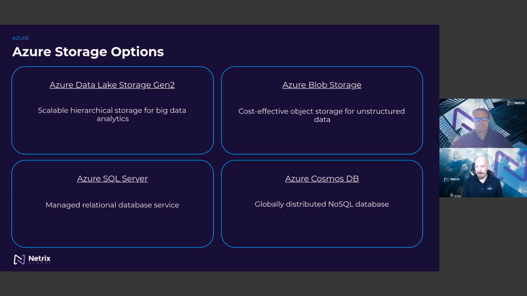Now, for those that maybe need a little bit larger scale, or you want to get away from SQL, or you want to go to more document-based record sets, then we have solutions like Azure Cosmos DB, which is a globally distributed NoSQL database that does allow multi-region reads and multi-region writes.